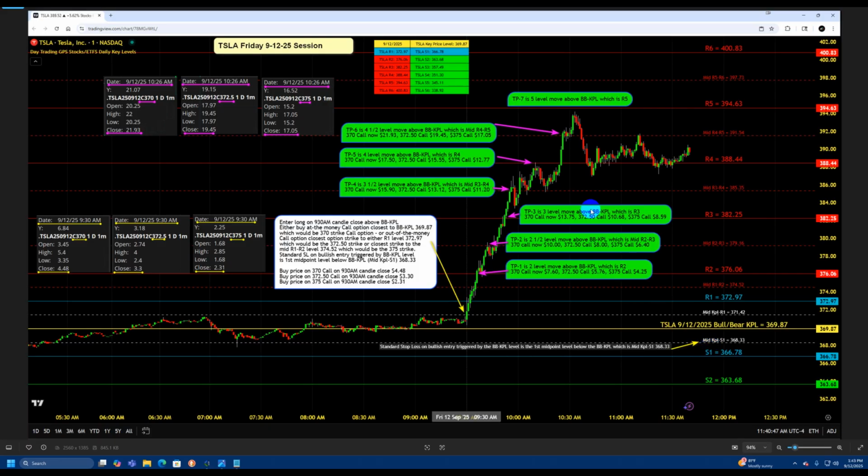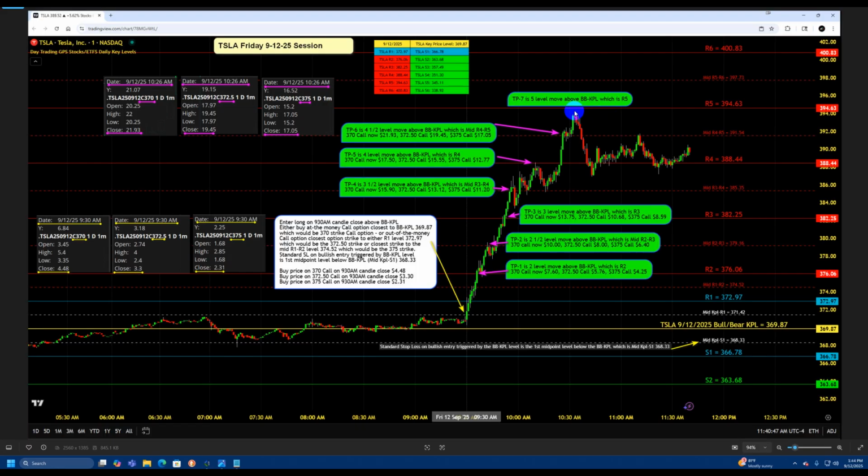Now later on in the session, these levels serve a dual purpose. Later on in the session, they can also be used as entry levels as well. So if you, for example, were going to play a bearish entry off of a specific level, you would use the same stop loss process for a stop loss on the level.